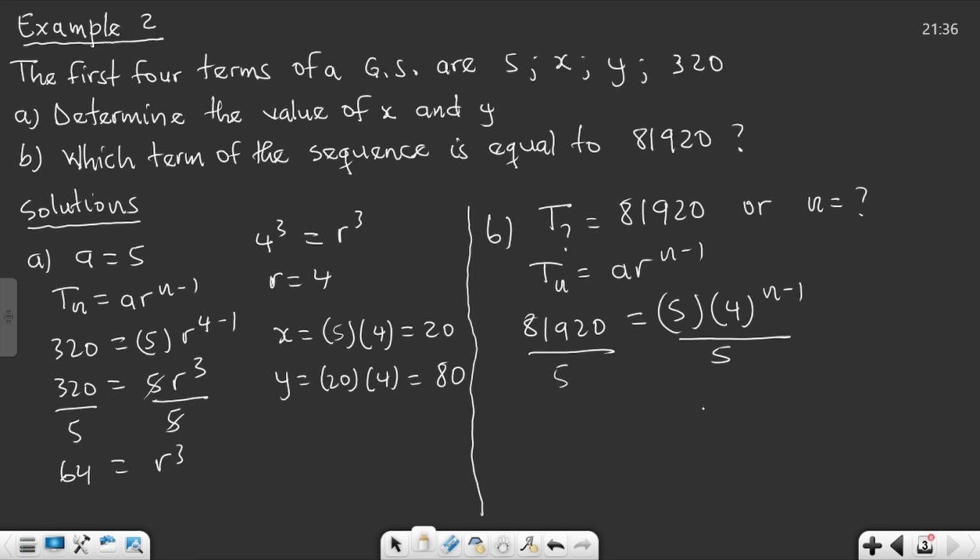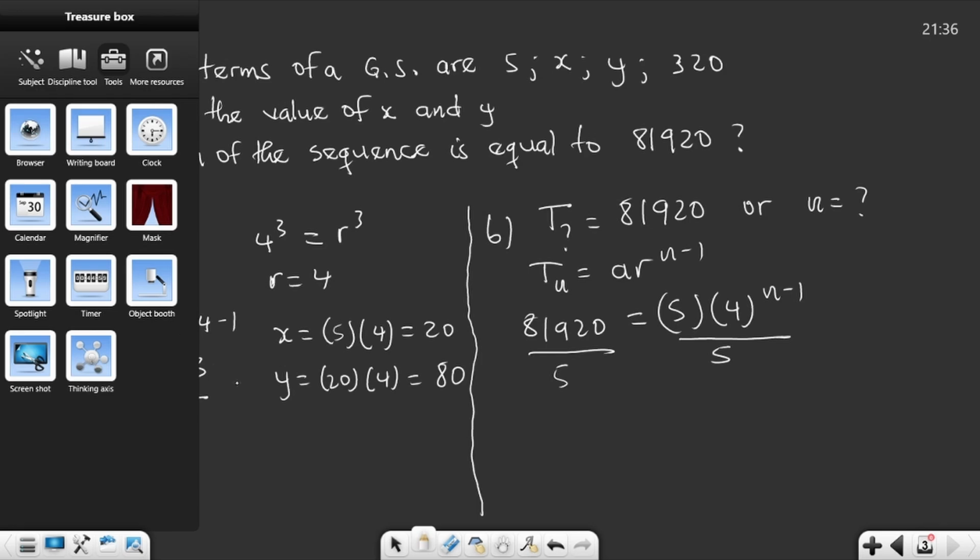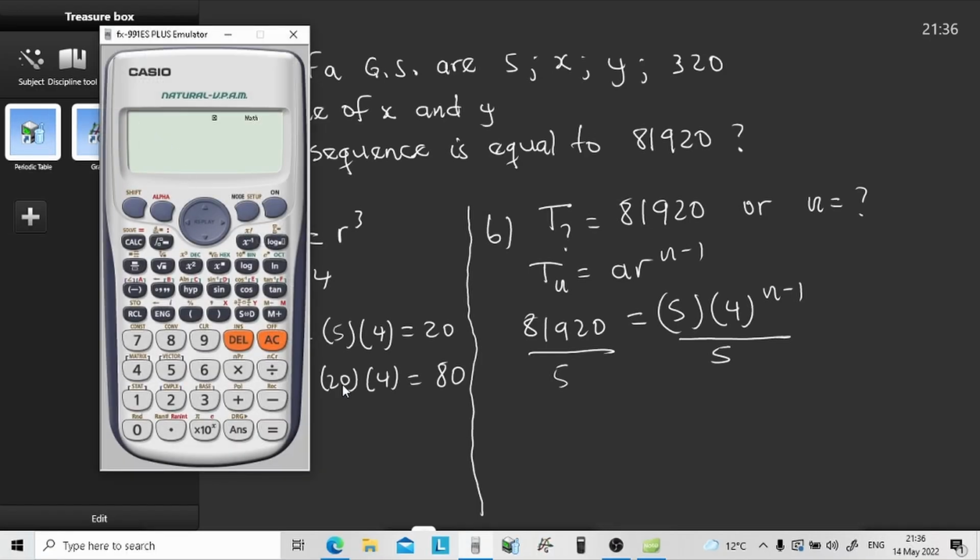So what is this equal to? Let's use our calculator. So I have 81920. You divide by 5. So it will give you 16384. Can you see?